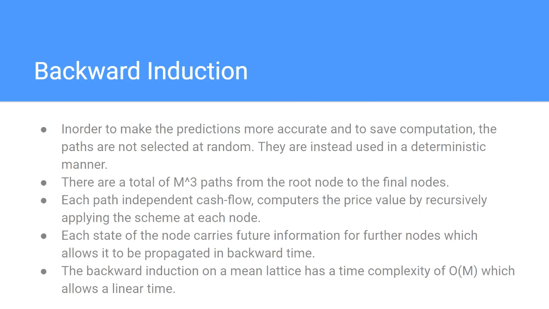Computations and the price value are recursively applied to the scheme at each node, and each state of the node carries future information for further nodes, which allows it to be propagated in backward time. The backward induction on a mean lattice has a time complexity of O(m), which allows for linear time.